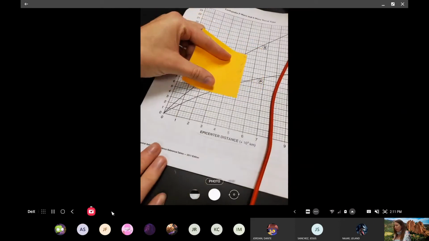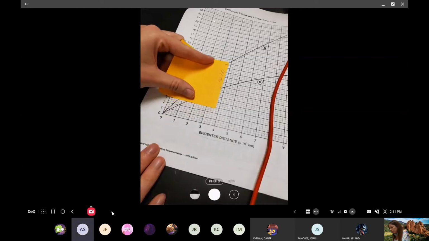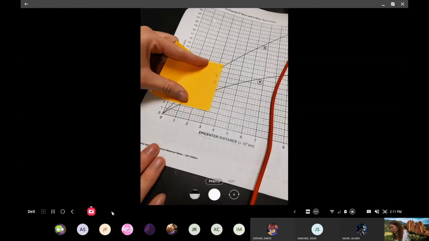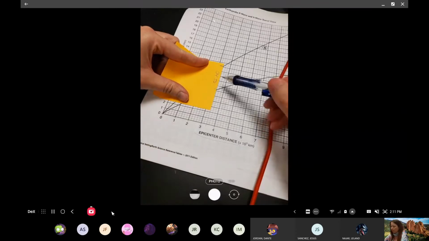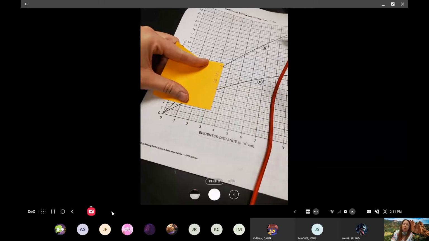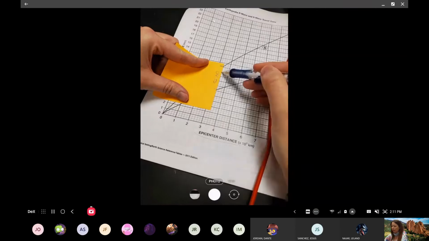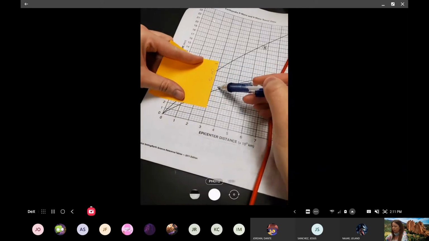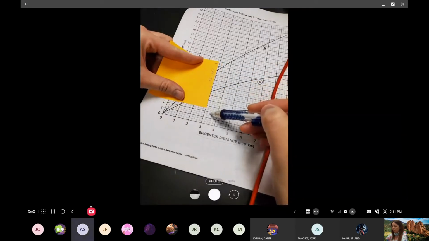So I had to find that sweet spot, which was right around here. So if you can see that this line matches up here, this line matches up there, that's when I would follow this line down to the bottom of my graph.